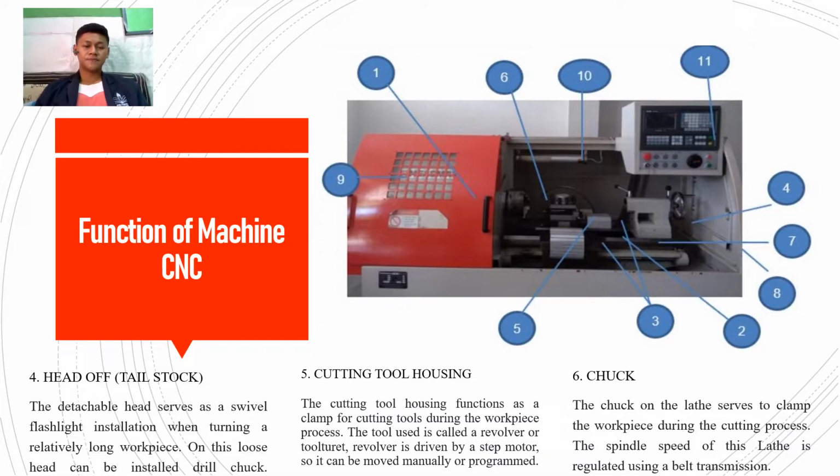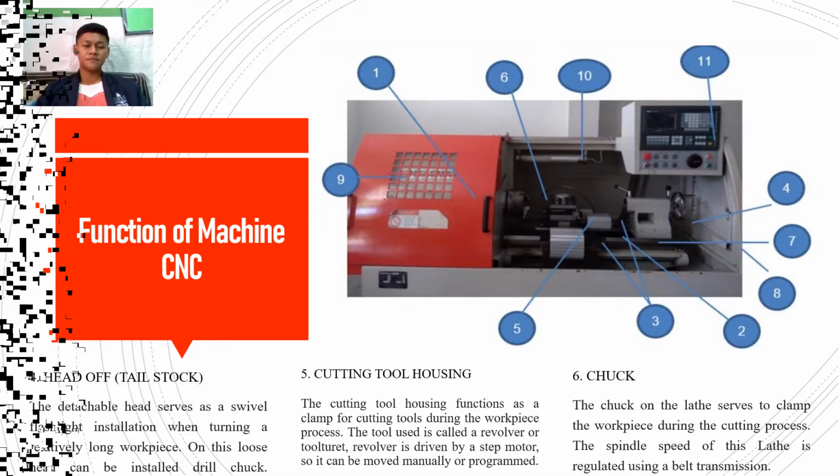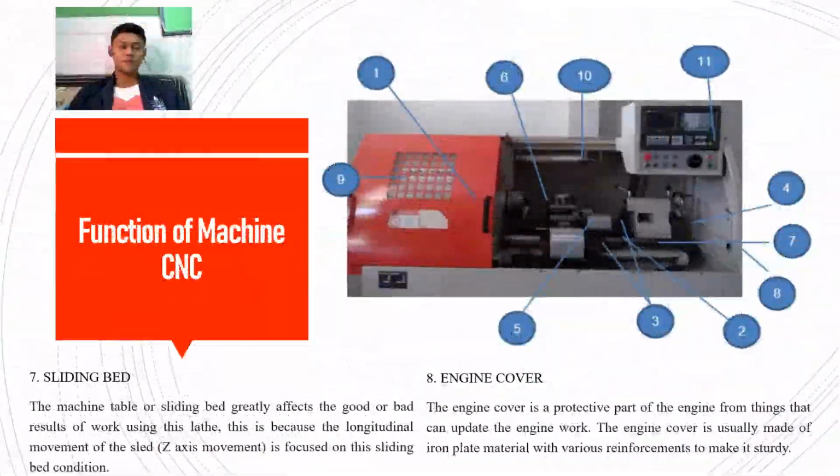Next, seven, leading bed. The machine table or leading bed greatly affects the good or bad result of work using this lathe.